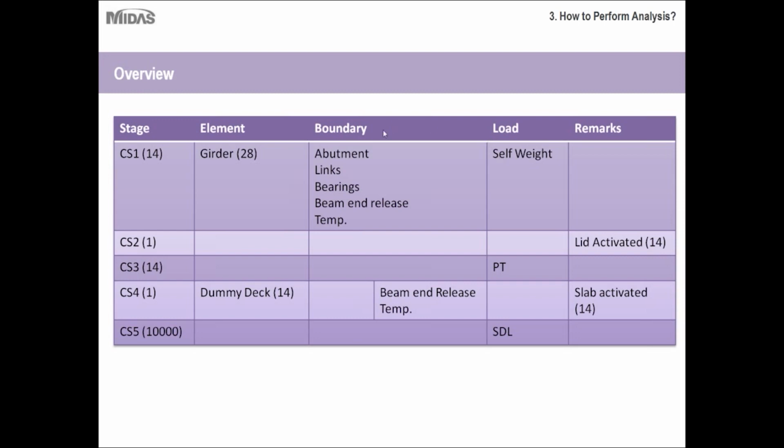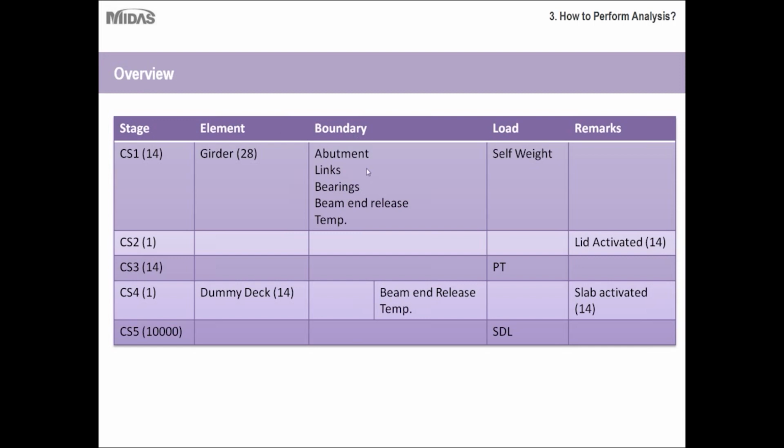In this stage, we'll be having the girders erected with an age of 28 days. So actually the girders have been in the casting yard and attained maturity of 28 days, and then brought to the site.